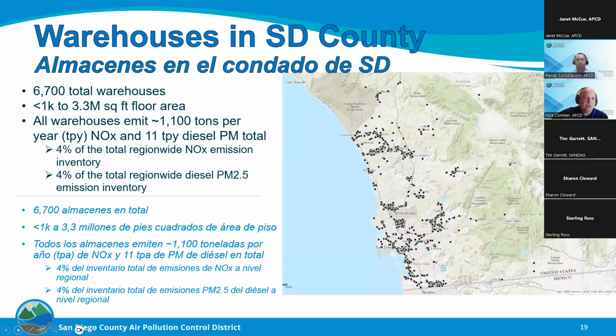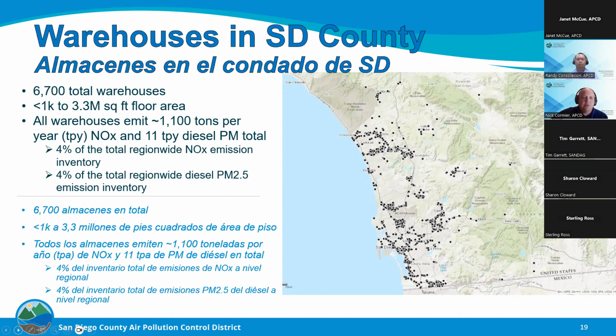In total, indirect source emissions from all warehouses in the region is estimated to be around 1,100 tons per year of NOx and 11 tons per year of DPM. The district calculated these totals using similar methodologies as the South Coast Air Quality Management District, which were scaled as needed to reflect conditions in San Diego County.